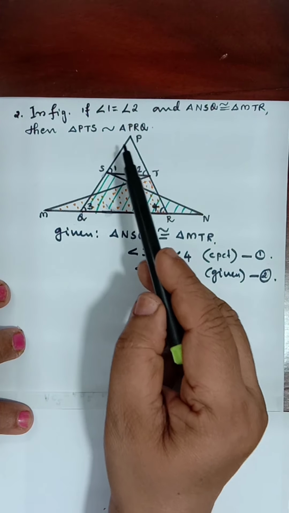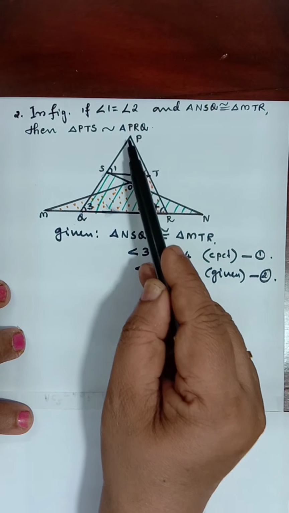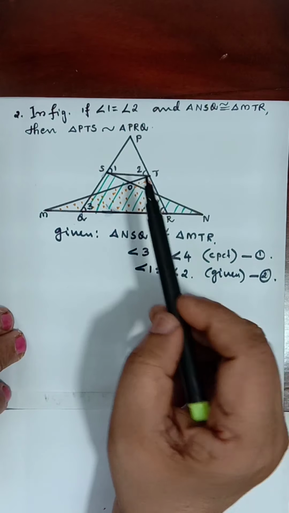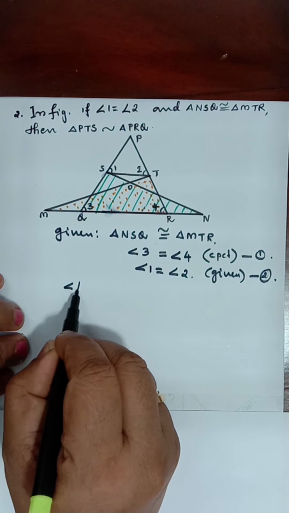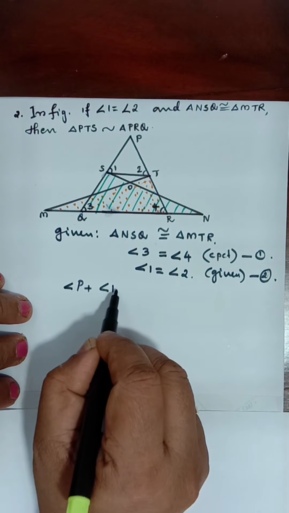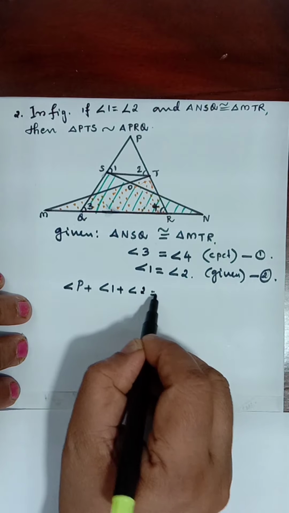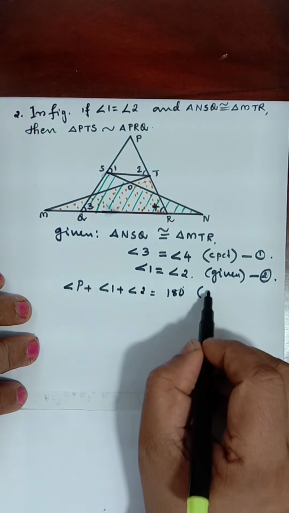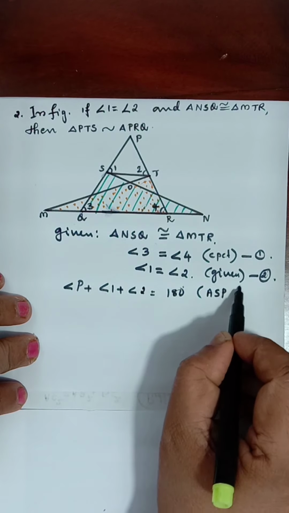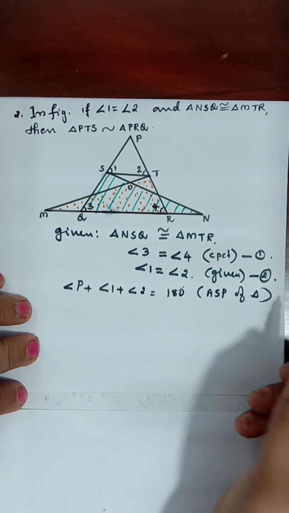Now in triangle PST, consider triangle PST. Some of the angles we know. Angle P plus angle 1 plus angle 2 is equal to 180 degree. Okay, that is angle sum property of triangle.